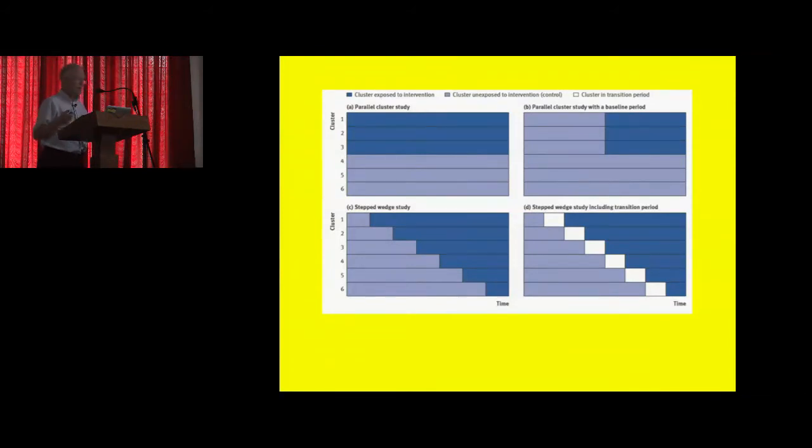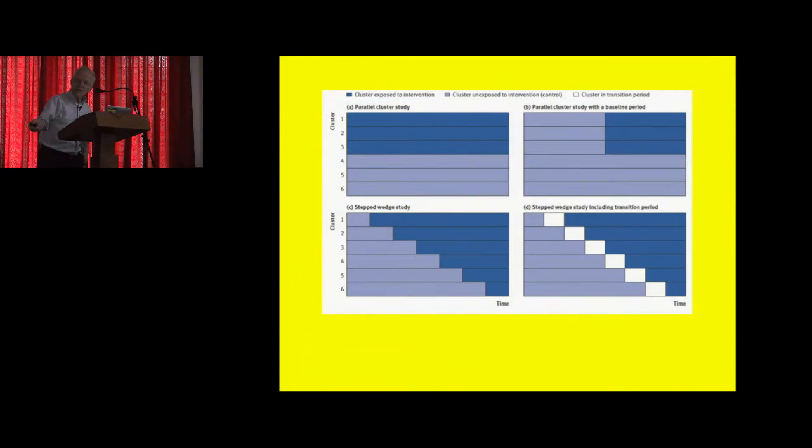So it's more like a parallel group study but with clusters as the unit of intervention. B is a slight modification of that, where all of the clusters that have the intervention also have this control period, but other clusters never get the intervention.